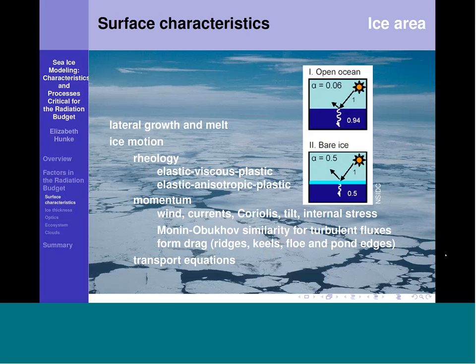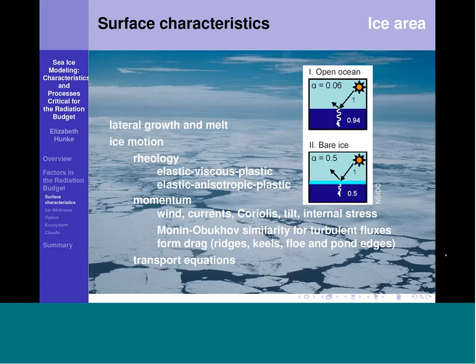Now, clearly, the area covered by the ice itself is important because of the different albedos of ice and ocean. In the model, the primary processes that determine the ice area are the lateral growth and melt rates at the floe edges and the ice motion. We model the ice motion using a constitutive equation, or a rheology, that describes the material properties of the ice, such as how much force is required to make it deform.